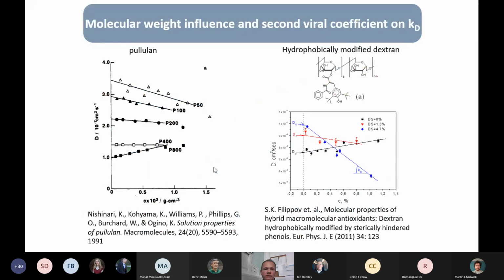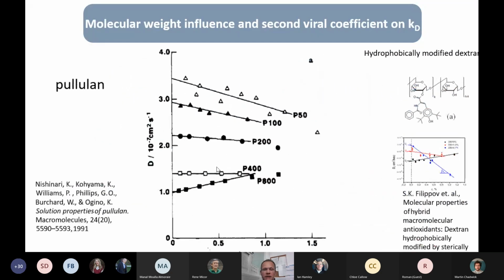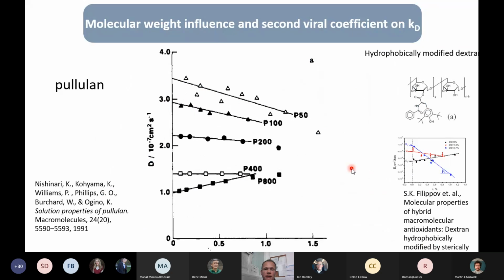Yeah, so just to give you an idea of how it might actually look when working with some carbohydrates, with the polysaccharides. This is a paper published quite a long time ago.